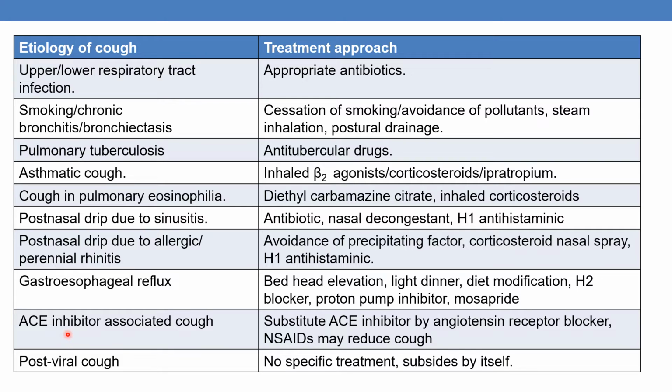If the cough is due to ACE inhibitor associated, then substitute ACE inhibitor by angiotensin receptor blocker. NSAIDs may reduce the cough. If it is post-viral cough, no specific treatment, it subsides itself. These are some of the etiologies of cough and the various treatment approaches appropriate for that particular etiology.